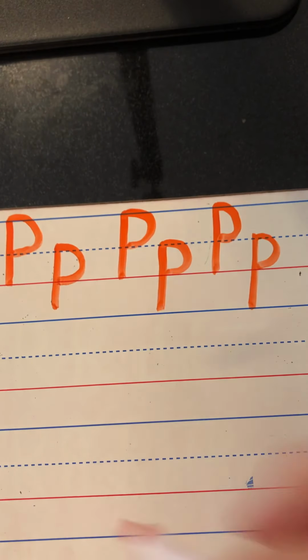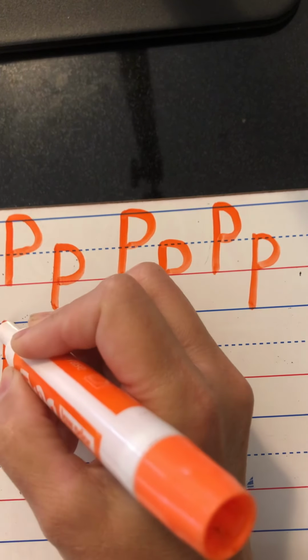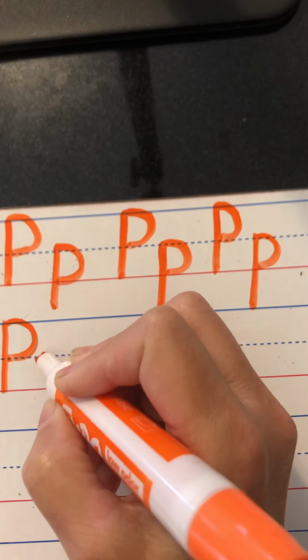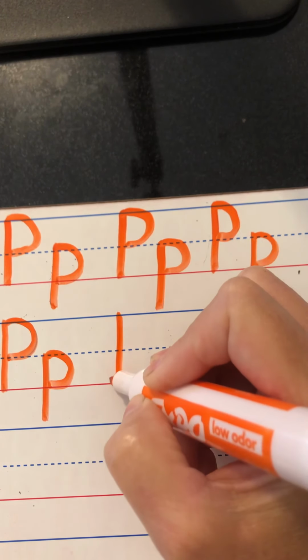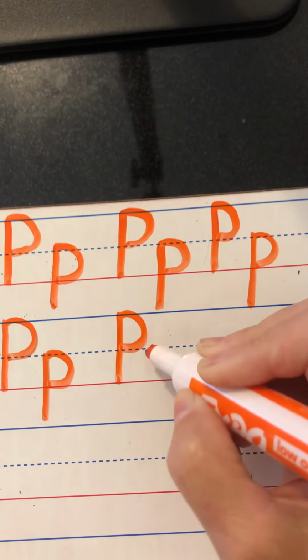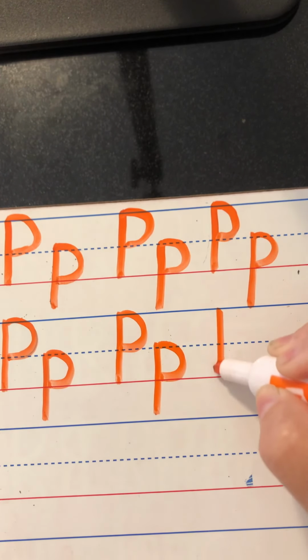Maybe your mom will pop some popcorn for you. That would be cool. So we can keep practicing our P's throughout the whole page, whatever you're working with, maybe some scratch paper, whatever you're using to draw these P's, that's great with me.